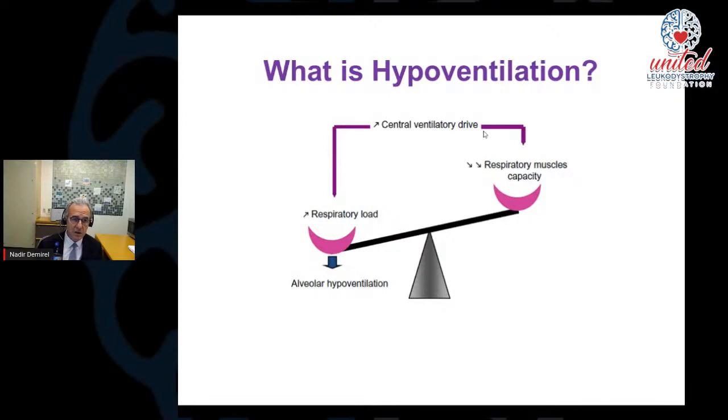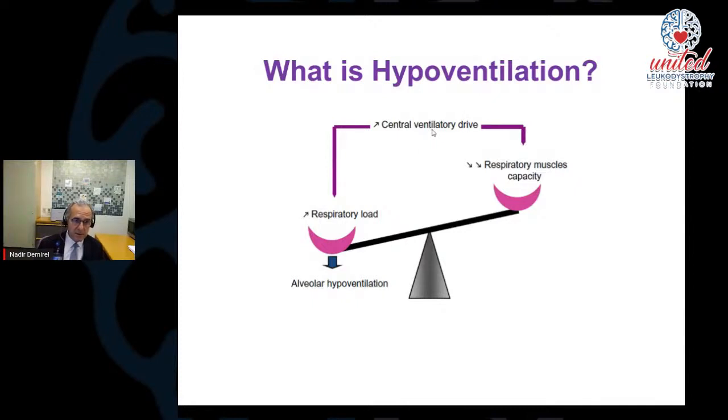There is a genetic disorder, for example, where this center is not sending these messages. So the child has totally normal lungs and totally normal respiratory muscles, but the child doesn't take a breath.